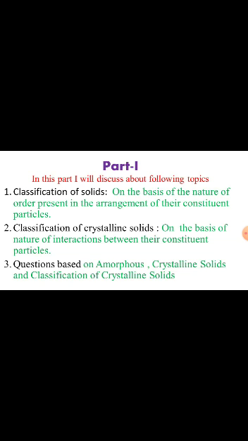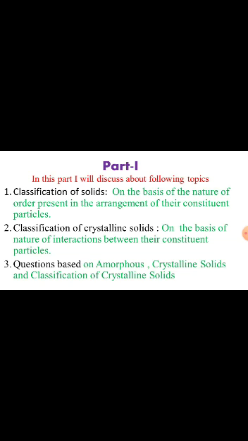Now I will start part 1. In this part 1, I will discuss the following topics. First, classification of solids on the basis of nature of order present in the arrangement of their constituent particles. Basically, there are two types, amorphous and crystalline.